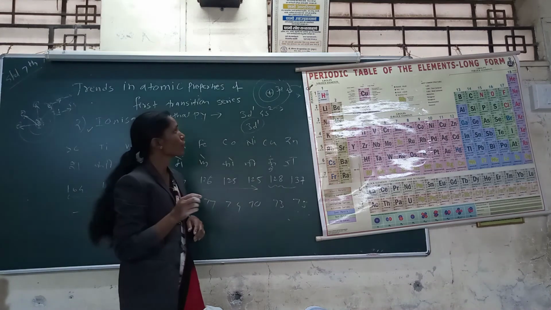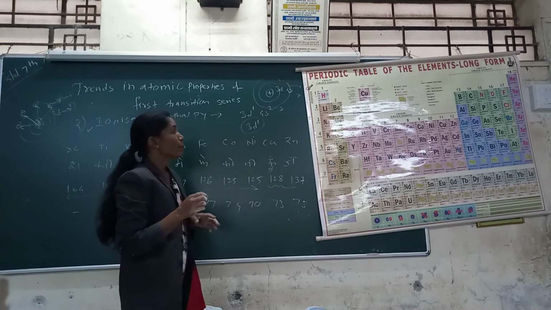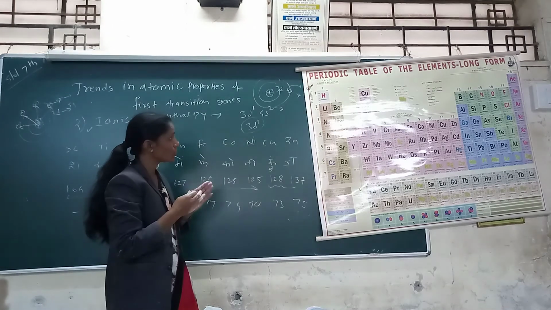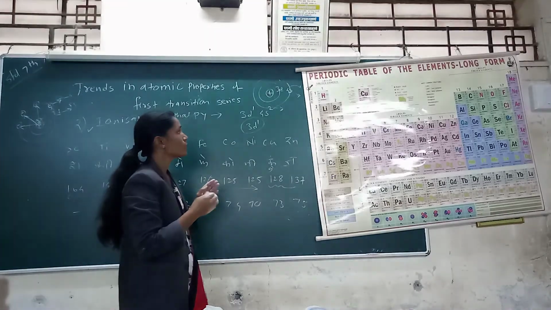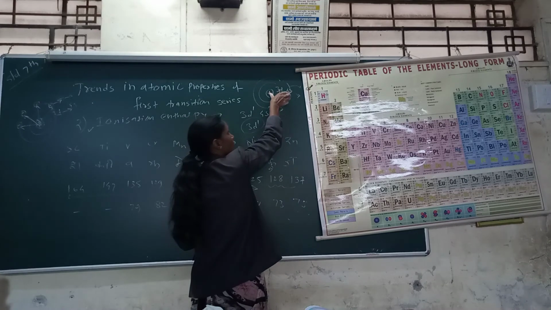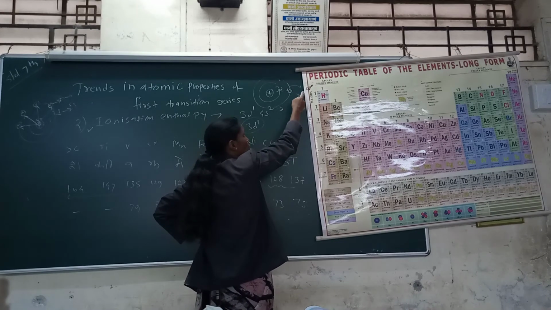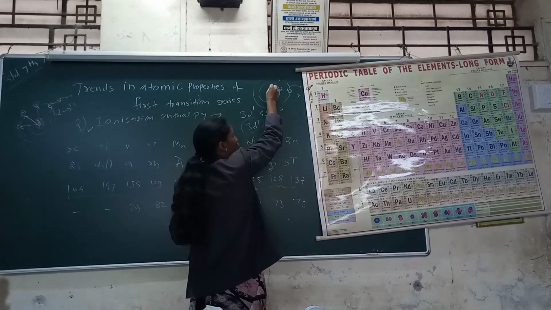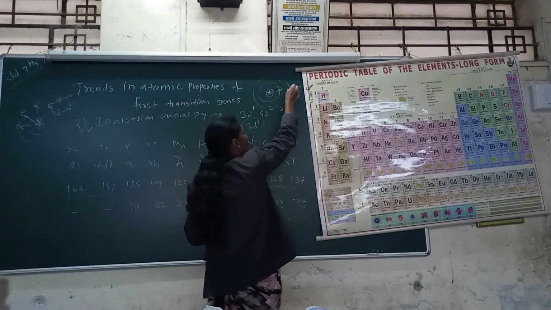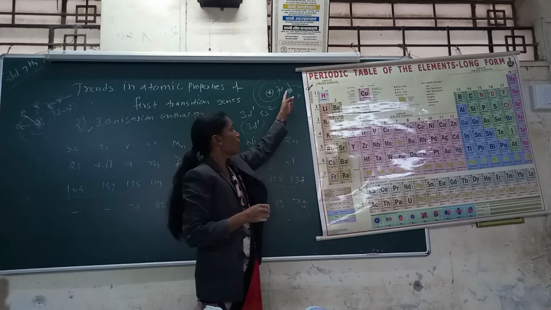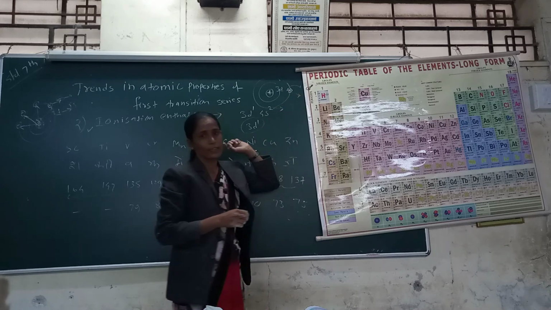The elements having less atomic radius, that is, less distance, require higher energy to lose the outermost electron. The positively charged nucleus holds the electron compactly, so it does not get detached easily.